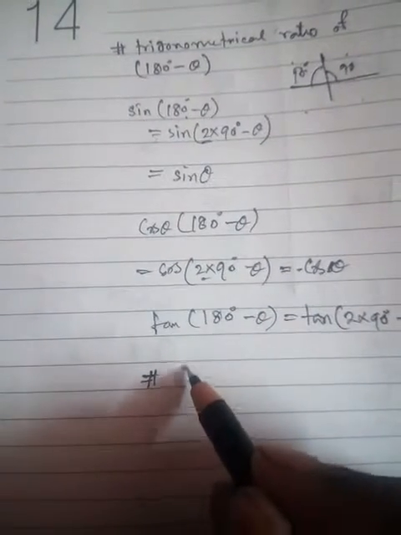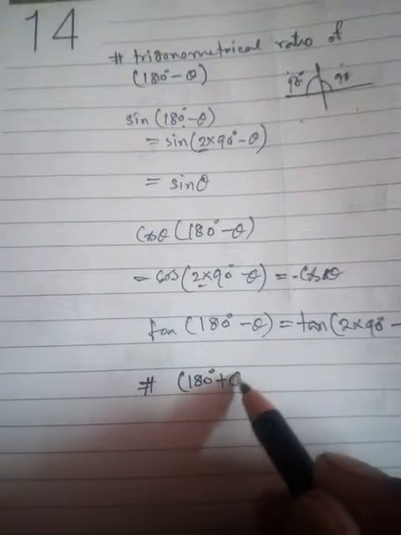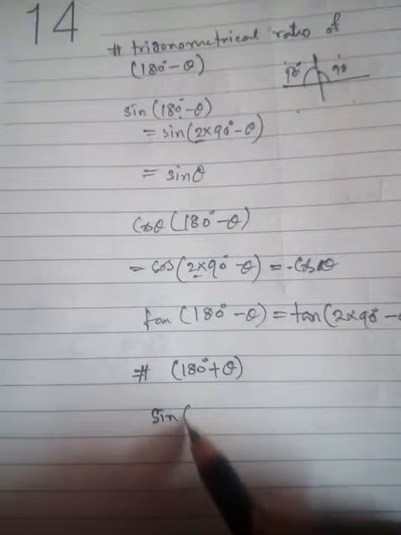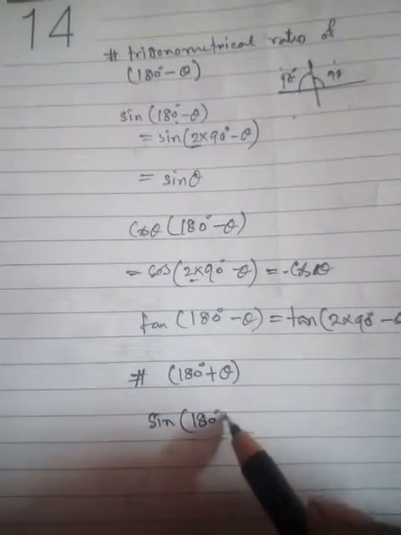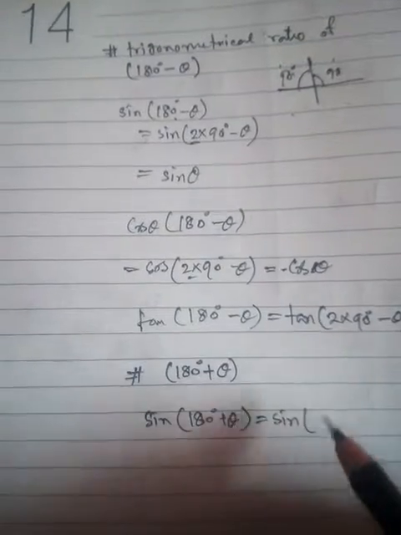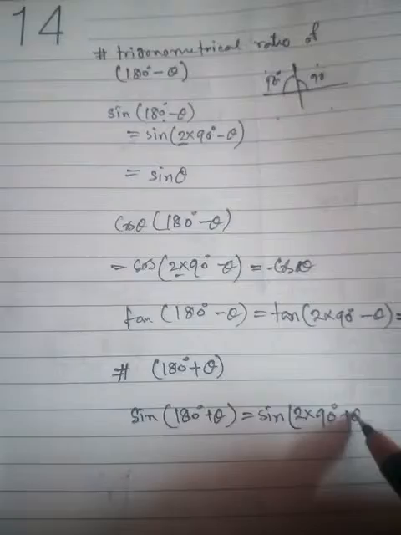Now let's see the trigonometrical ratio for 180 degree plus theta. So now sine 180 degree plus theta equals, we can write it this way, sine 2 into 90 degree plus theta.